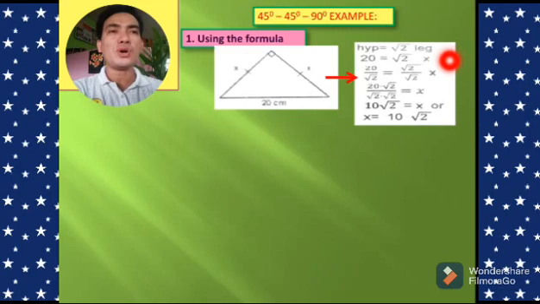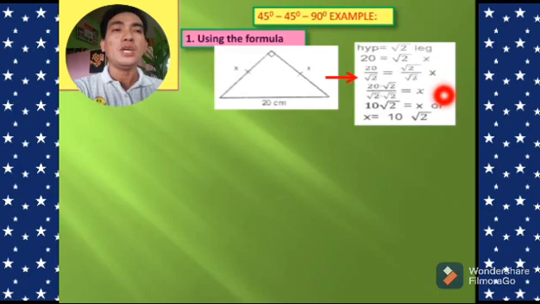By substitution, the hypotenuse is 20 and the leg is x. We're looking for the value of x, so divide both sides by the square root of 2. Therefore, you would have 20 over the square root of 2. Rationalize, and you would have 10 square root of 2. And that would be the value of our x.